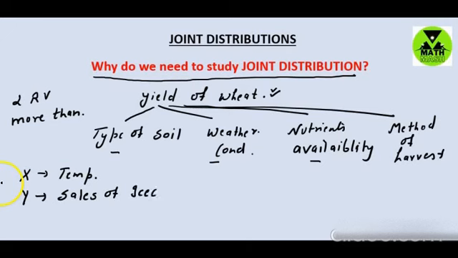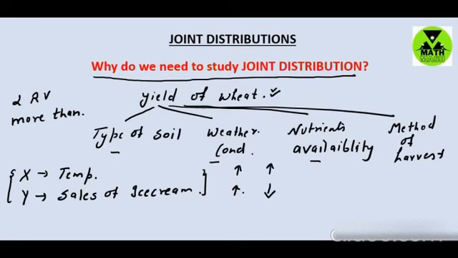So we may wish to study how these two random variables vary together. That means with the increase in temperature, do the sales of ice cream increase, or with the increase in temperature, do the sales of ice cream decrease?